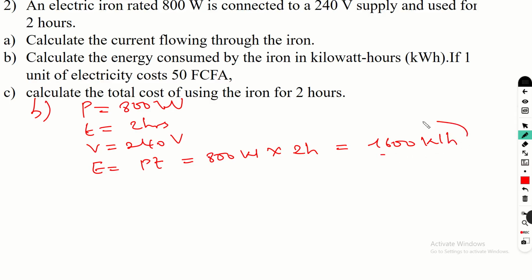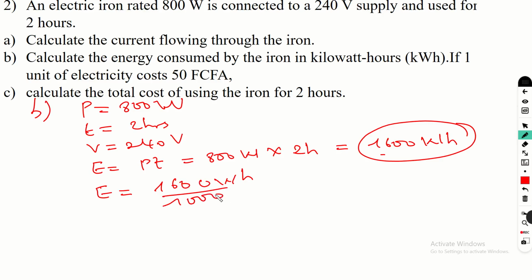But they say our answer should be in kilowatt. So you have to divide by 1000. So you have E will be 1600 watt hour divided by 1000, and you have 1.6 kilowatt hour. So that's the answer in kilowatt hour.